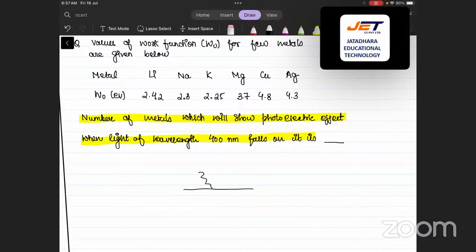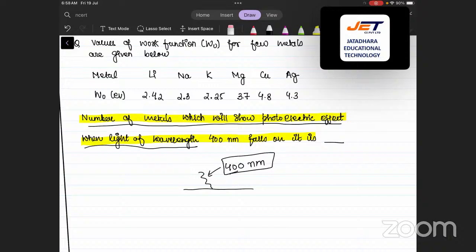Now read the question very carefully: the number of metals which will show the photoelectric effect when light of wavelength 400 nanometer falls on them. If the wave has this wavelength, what is the energy it is coming with? Can I calculate the energy for a wave which has a wavelength of 400 nanometer?